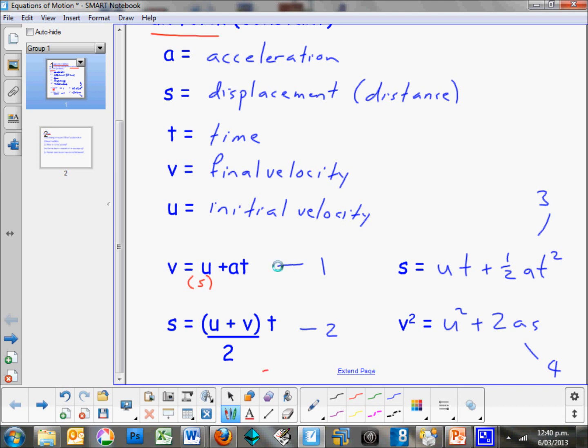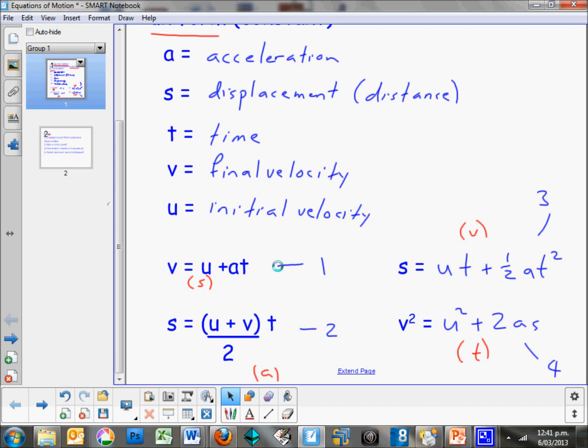The second one does not have acceleration in it. The third one does not have final velocity in it, and the fourth one does not have time. So it just depends what information you're given in a problem and what you're being asked to find as to which of those 4 equations you may choose to use.